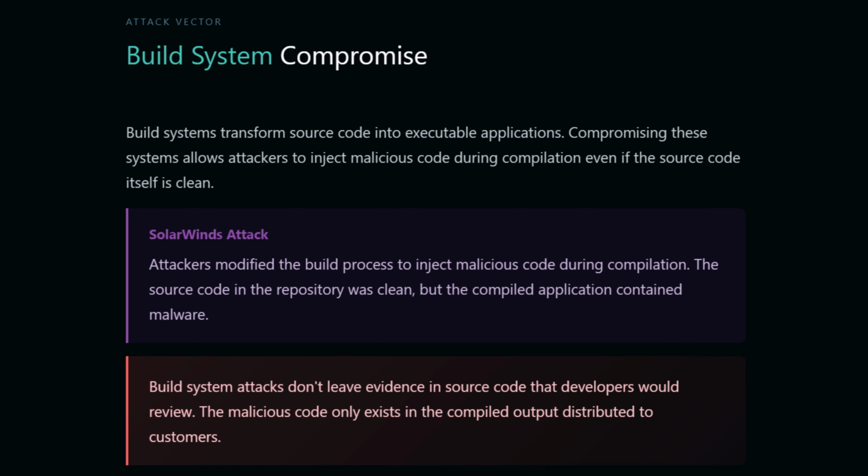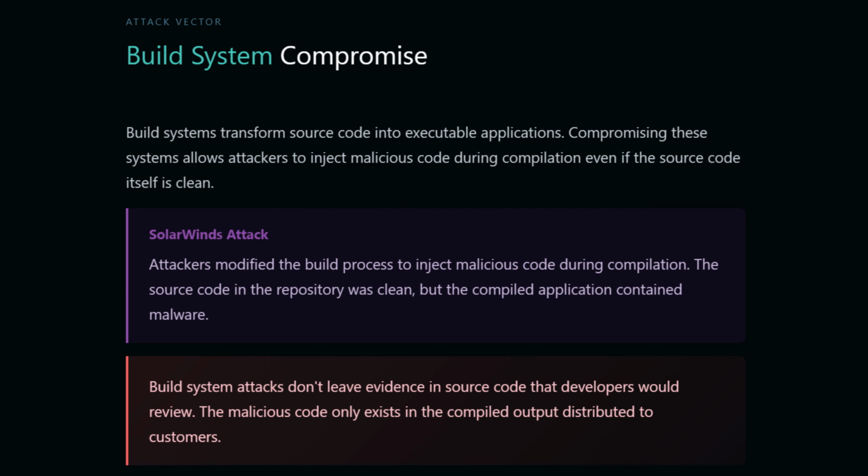Build systems transform source code into executable applications. Compromising these systems allows attackers to inject malicious code during compilation, even if the source code itself is clean. The SolarWinds attack involved compromise of the build system. The attackers modified the build process to inject malicious code during compilation.